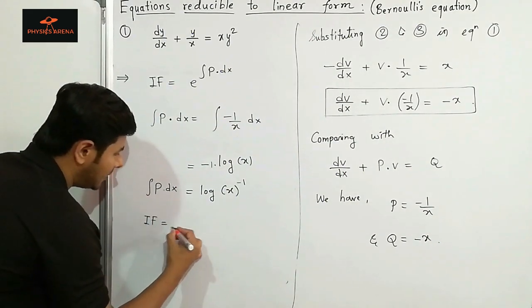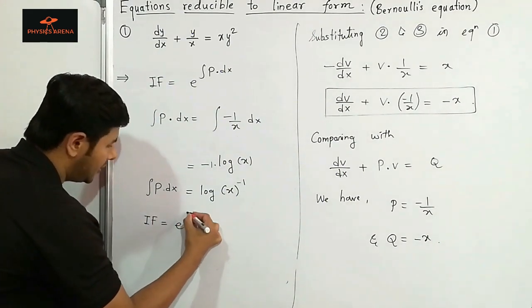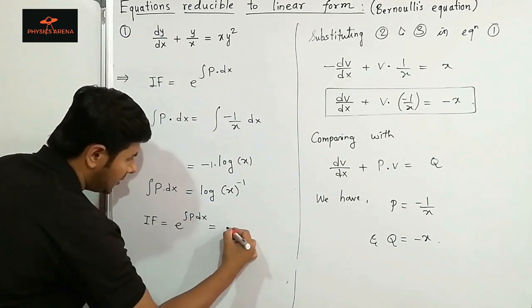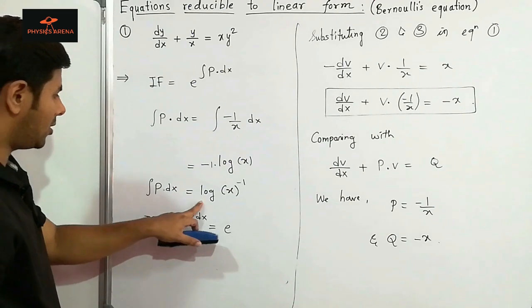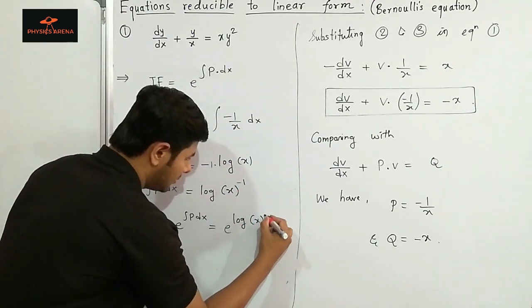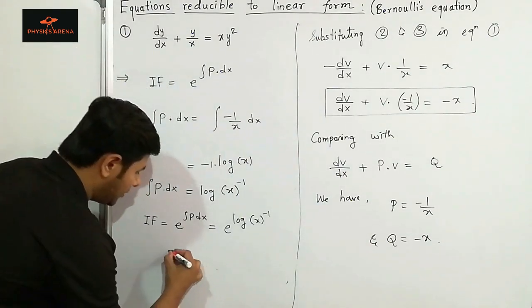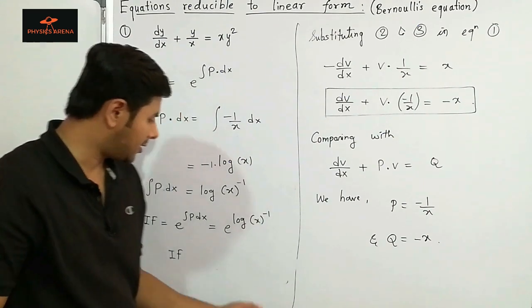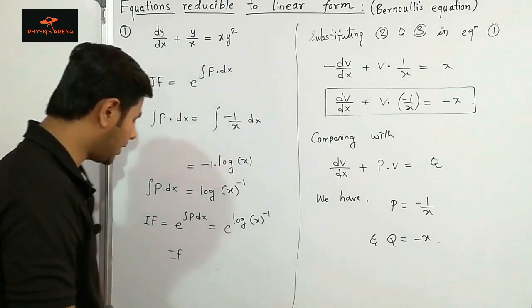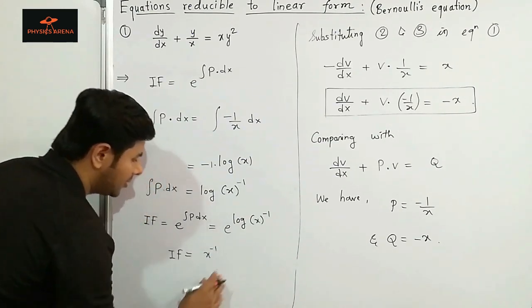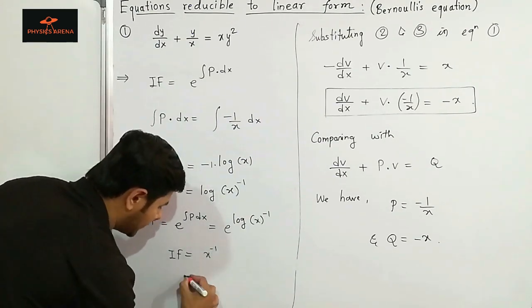So integrating factor is e raised to integral of p dx, which is e raised to log of x raised to minus 1, and since e and log are inverse functions, we have integrating factor equals x raised to minus 1, which is 1 over x.